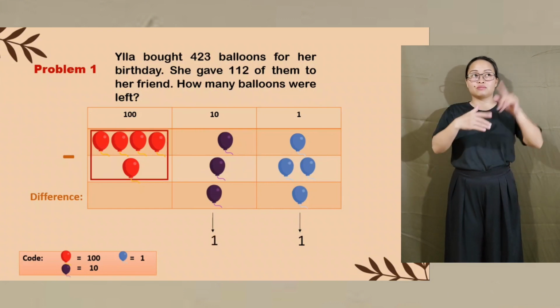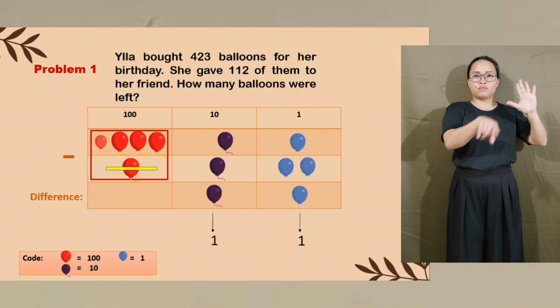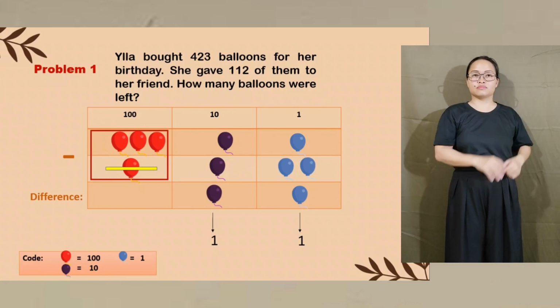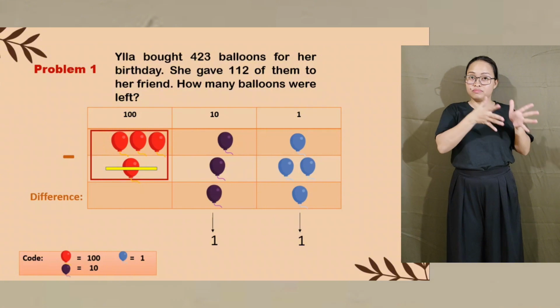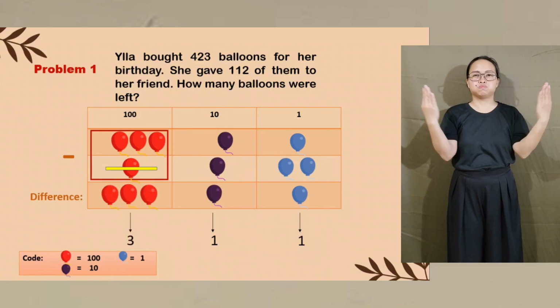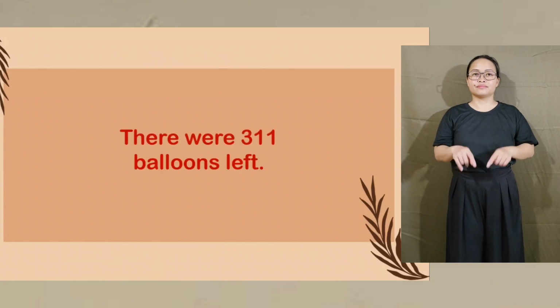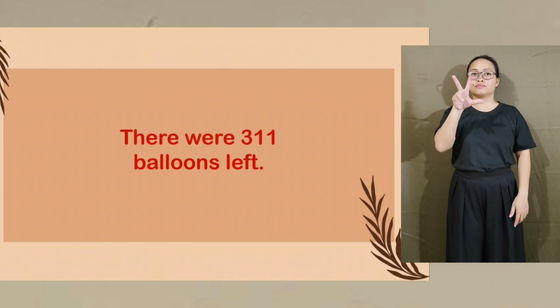Next, 4 minus 1. Let's take away 1 from 4. We are left with 3. So this is the difference.